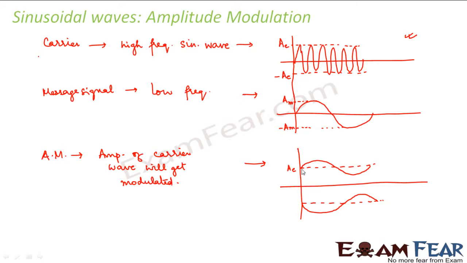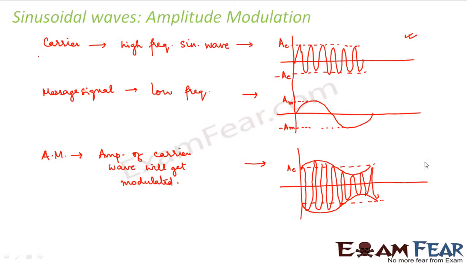Now the question is, what about the frequency? The frequency will still remain the same. Well, my drawing is not that great, but I hope you understand the logic. So this frequency will still remain the same as this frequency, but just that the amplitude got varied.